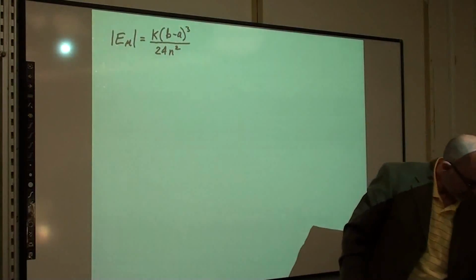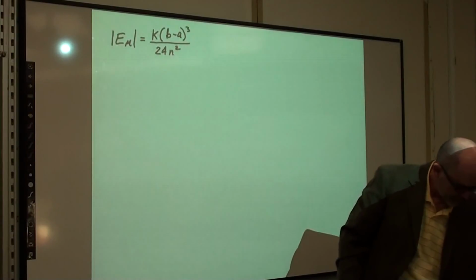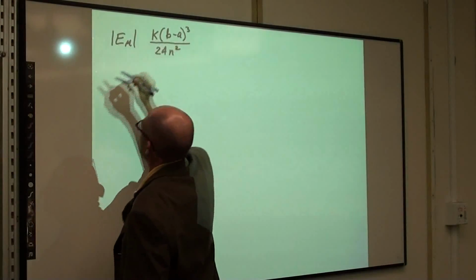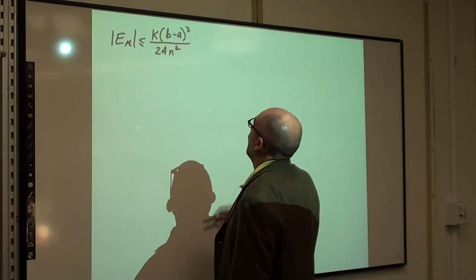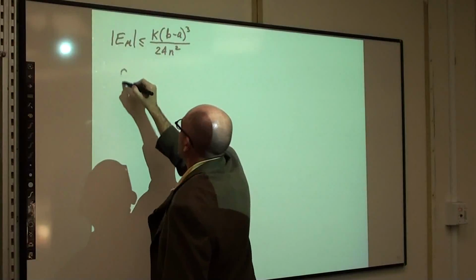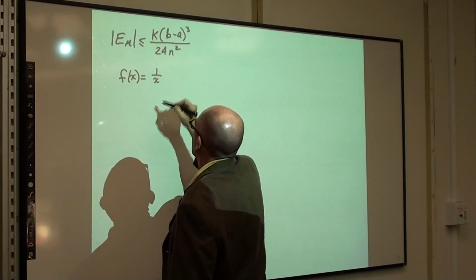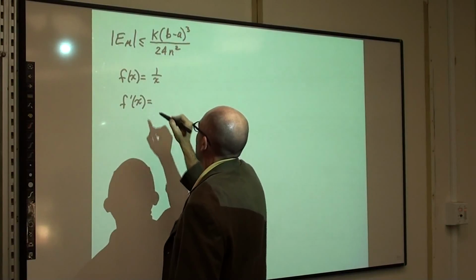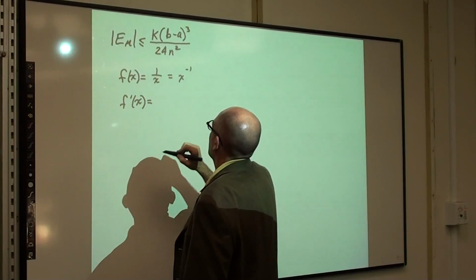Now, we've got, actually it's not equal to, it's less than or equal to. Alright, so f of x equals 1 over x. So f prime of x equals, well, 1 over x is x to the negative 1.